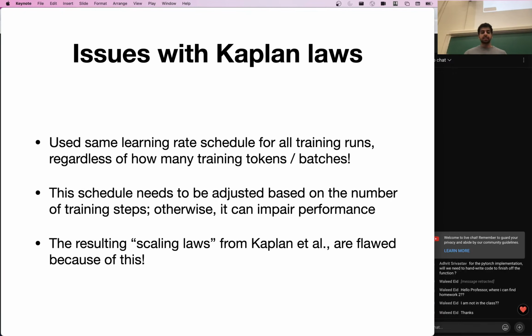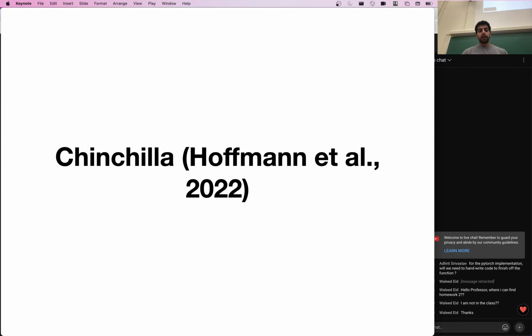And as such, people who were following these scaling laws trained some suboptimal models in the process, as the next paper we're going to discuss shows in depth. All right. So that paper was done by Google and is called Chinchilla.